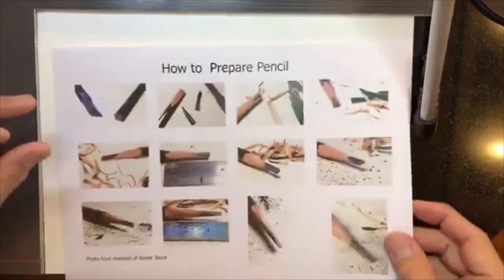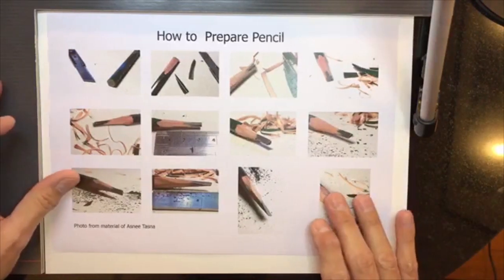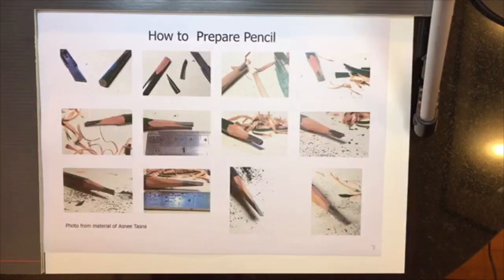And then we will talk about the important thing when we start to sketch with the brushstroke pencil. We must know how to sharpen the pencil first. Must know how to sharpen.